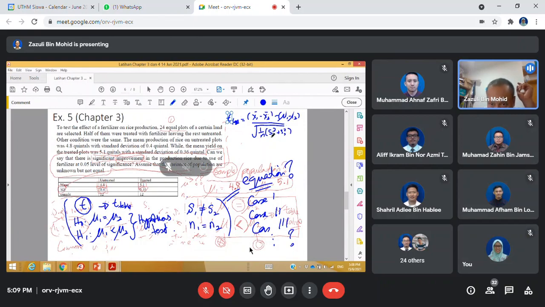So this s1, s2 is the number, okay, 0.4, 0.35, okay, n is 12. The x1 and x2, what is x1, what is x2? Cuba tengok kat situ, kita akan dapat nilai dia.